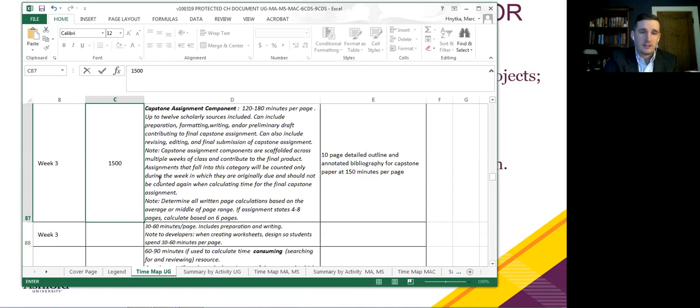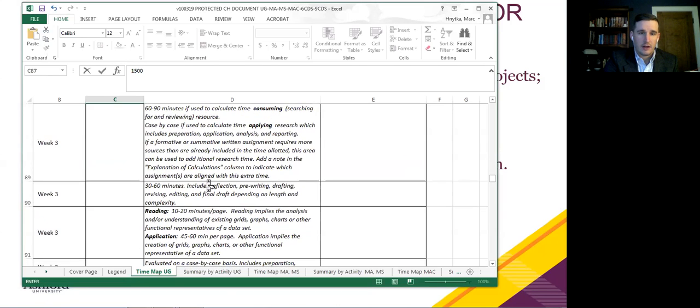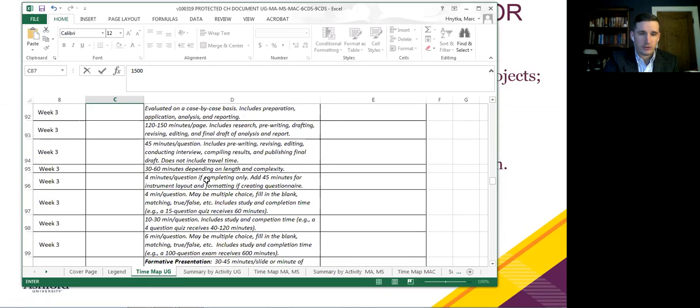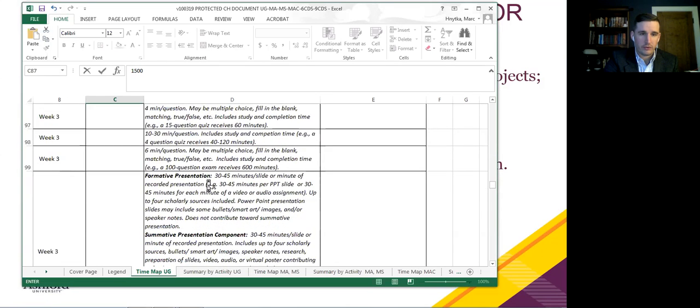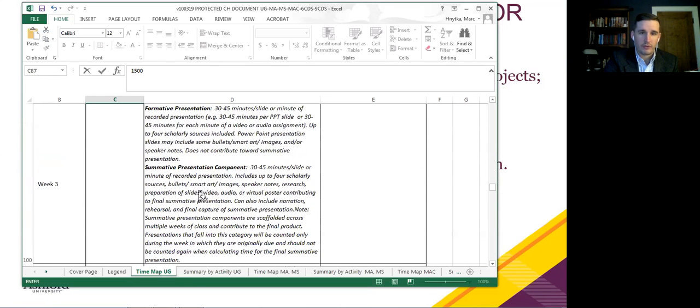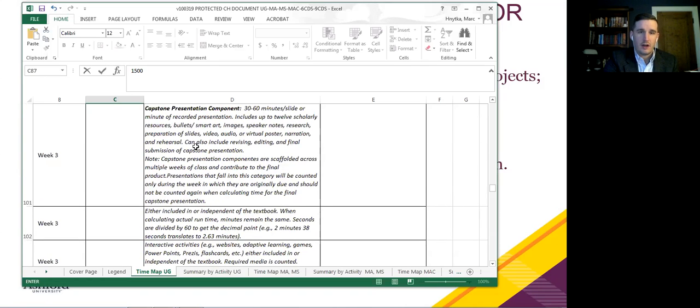And obviously, these capstone components, as well as the oral component, which I'll show you, is just a little bit further down, right under formative and summative presentations. There's a capstone presentation component. So once again, this could be a draft if the student's going to produce slides and eventually a recorded presentation.